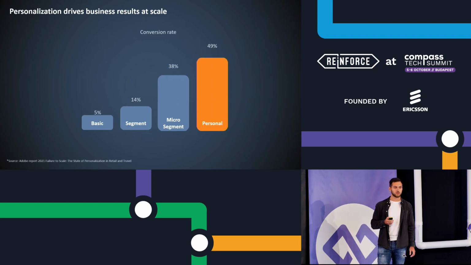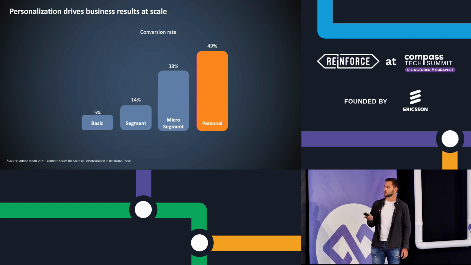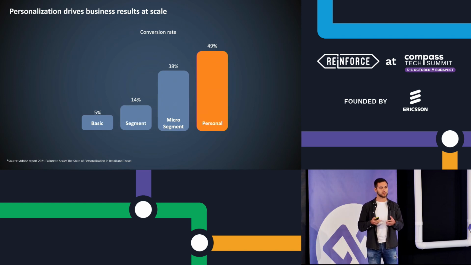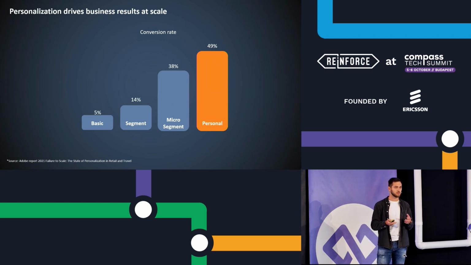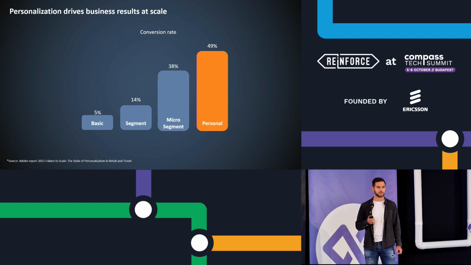According to Adobe research, the conversion rate from personal or one-on-one conversation is 10 times higher than basic emails, basic messages to the customers, and 10% higher than micro segments.